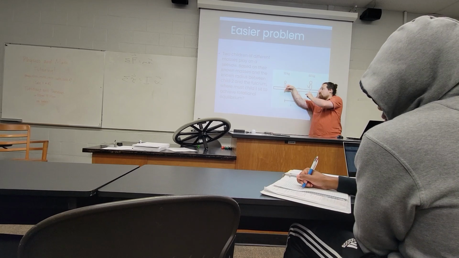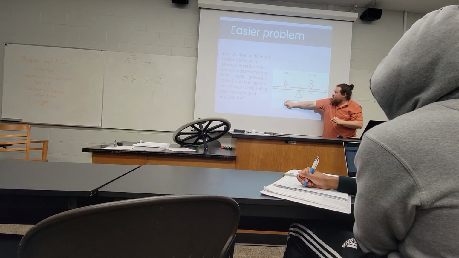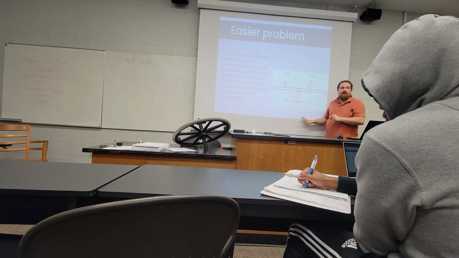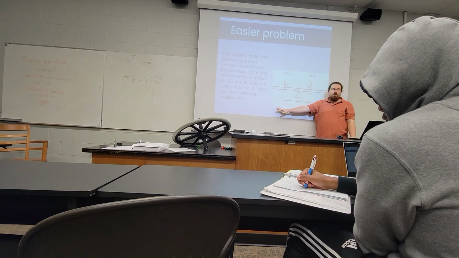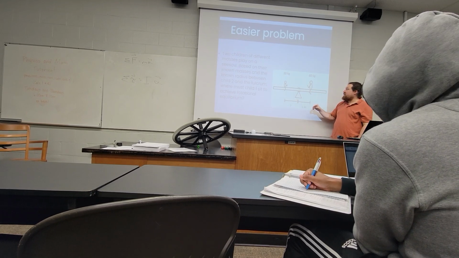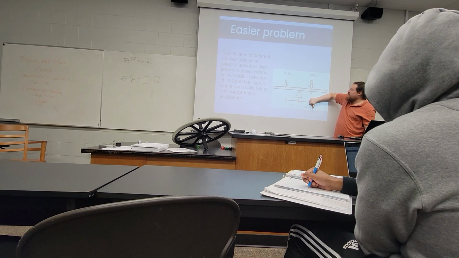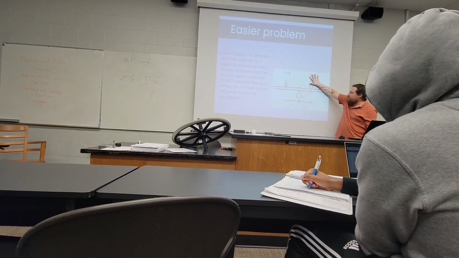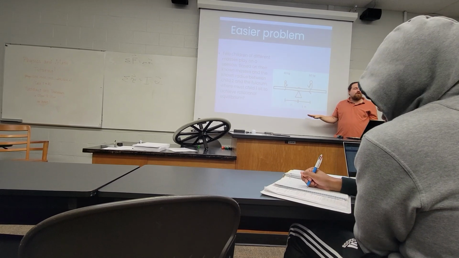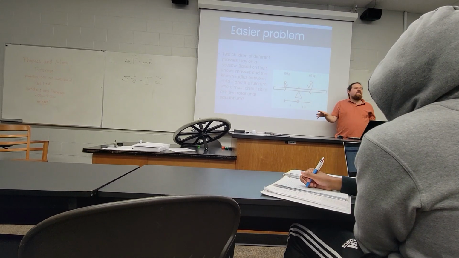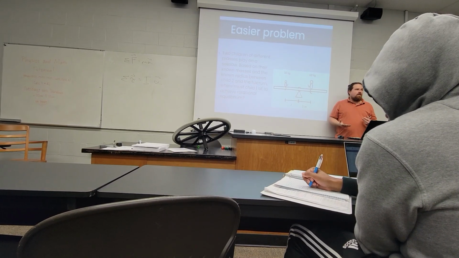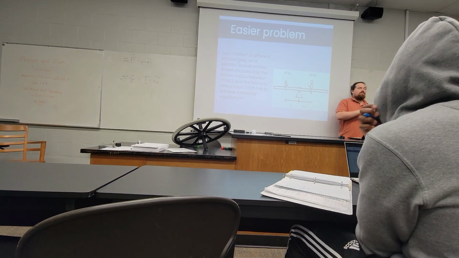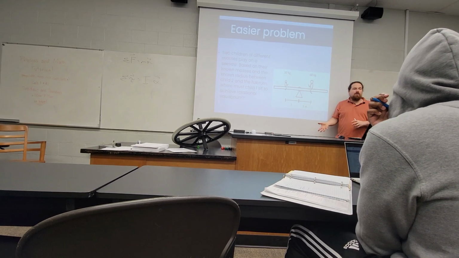This would make the force point down, and so that's going to try to make the whole thing spin counterclockwise. Meanwhile, the kid on the right side, their force also points down, but it's on the other side of the pivot, and that would try to make everything spin clockwise. So the torque that each kid is making opposes the other. One of them is producing clockwise pointing torque, the other is producing counterclockwise pointing torque.